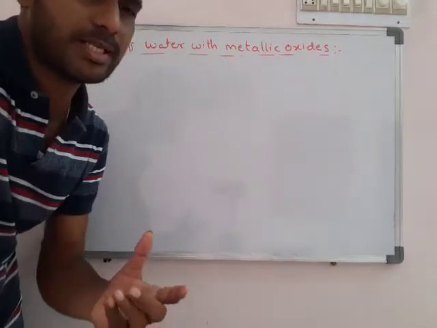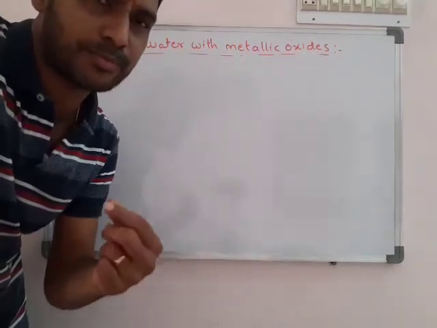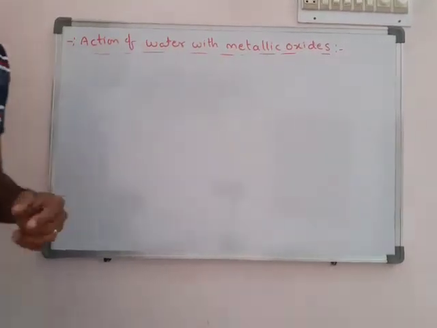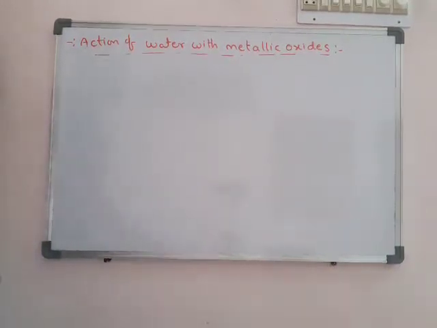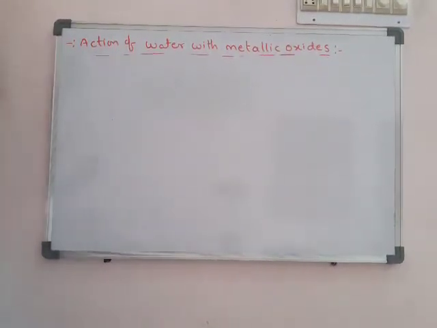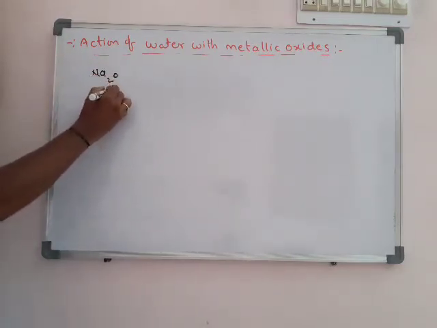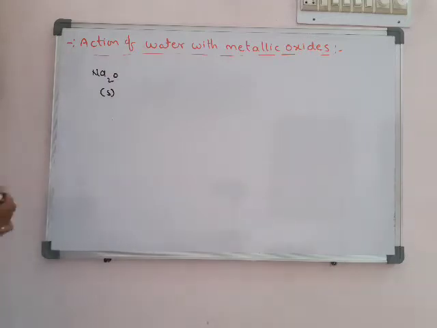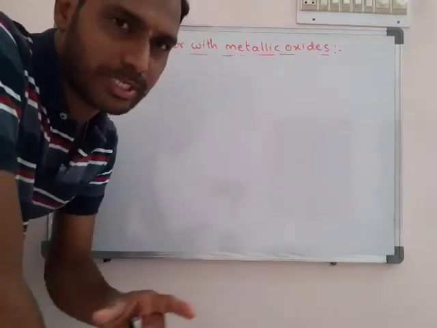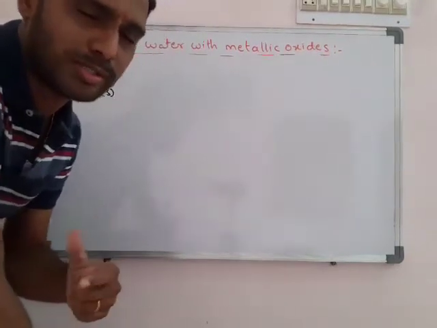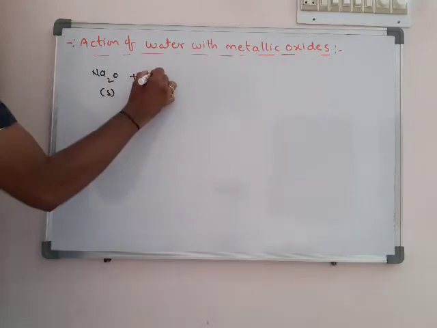For example, the very important active metals, we know, sodium, potassium. Now we see the reactions. When sodium oxide reacts with water. Sodium oxide is also called sodium monoxide, because there is also a peroxide, so it's called sodium monoxide or sodium oxide, when it reacts with water.